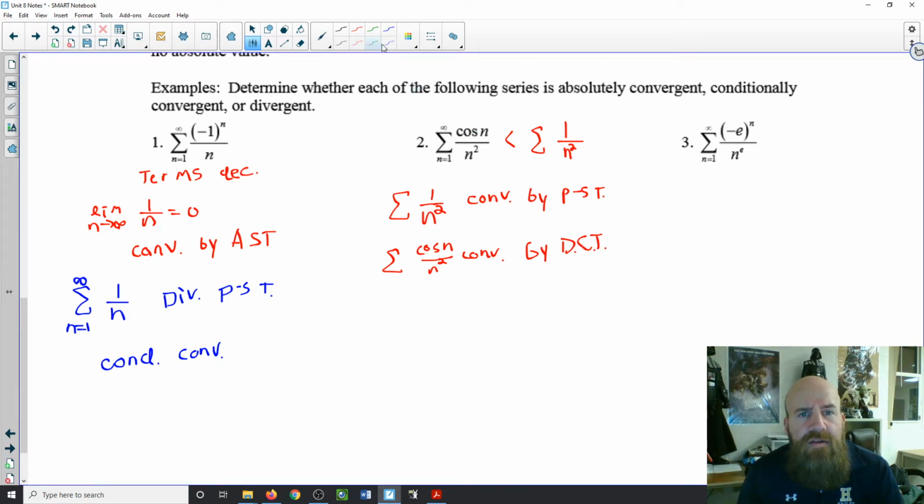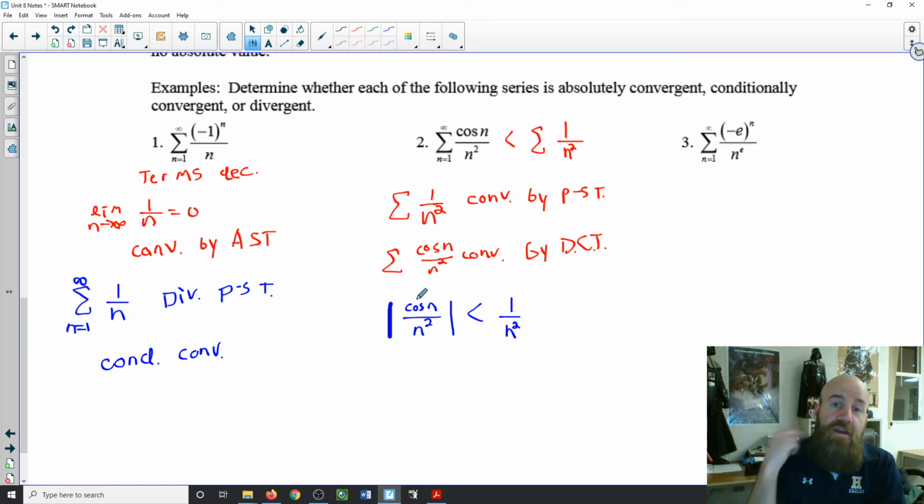Okay, and then we think about the absolute value of cosine n over n squared. So this is going to be smaller. You think about that, because your regular cosine goes between positive 1 and negative 1.